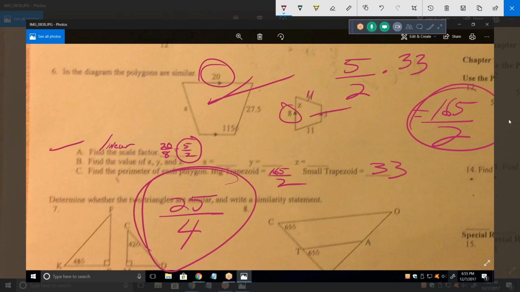If I'm going to volume, I'm going to cube everything. So this scale factor that I'm talking about here is a linear scale factor. Nothing more. It's the ratio of every side to its corresponding side, and it's the ratio of the full perimeter to this full perimeter.